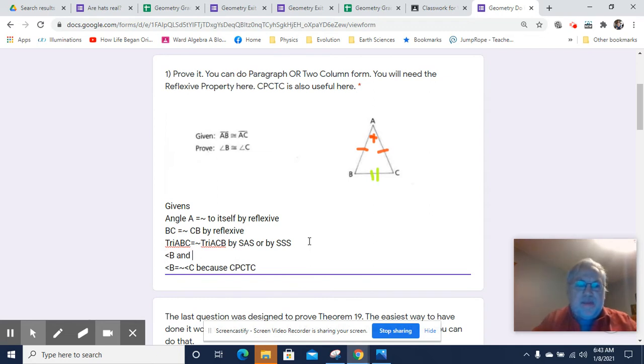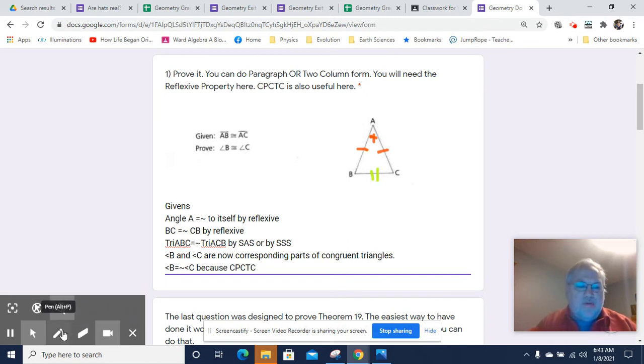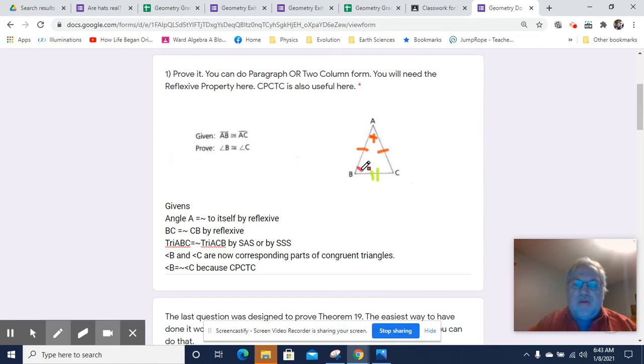Angle B and angle C are now corresponding parts of congruent triangles when we consider the triangles as being ABC and ACB. So we can now prove that those two angles are congruent. That angle and that angle, those angles are now congruent according to that.